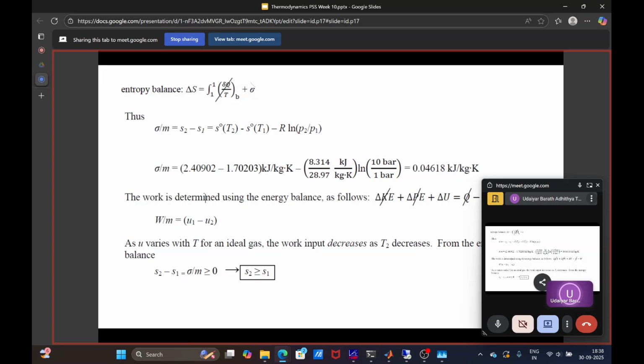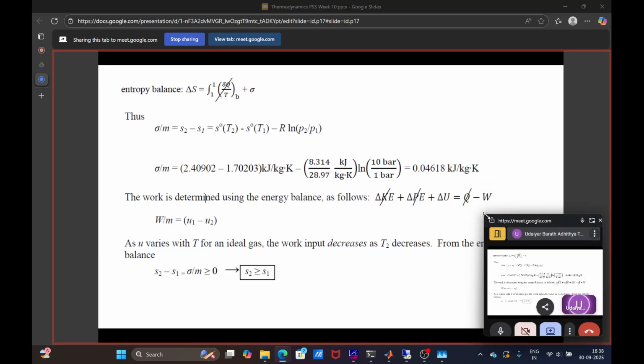So the entropy generated here is the entropy change, S2 minus S1, which depends on the change in temperature and the change in pressure. This is what we did in the previous problem, and it comes out to be 0.04618 kilojoule per kg Kelvin. This is the entropy generated per kg of gas.